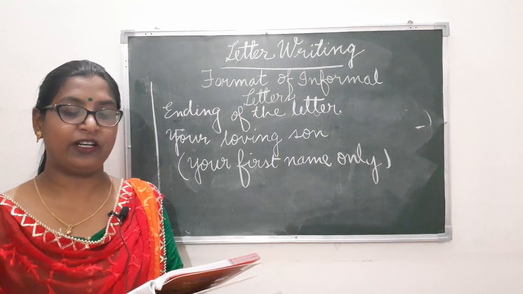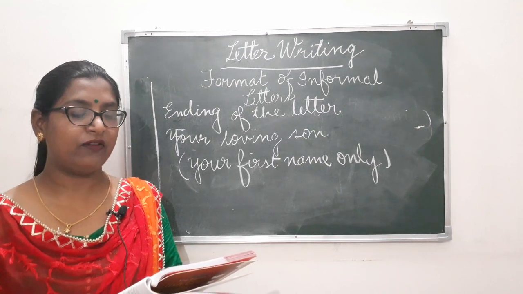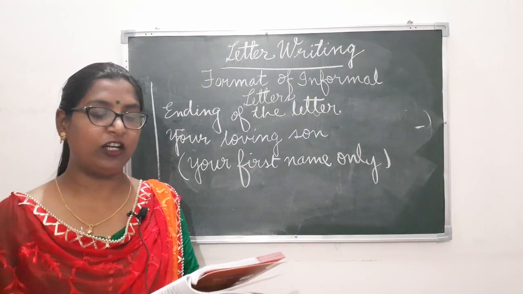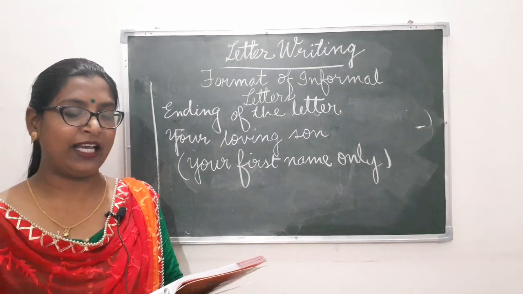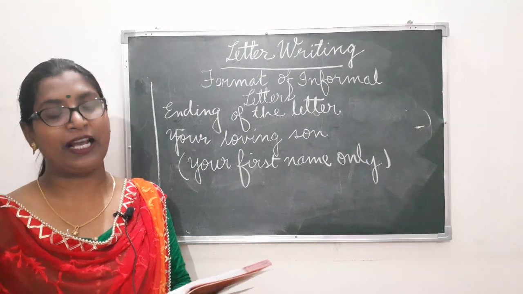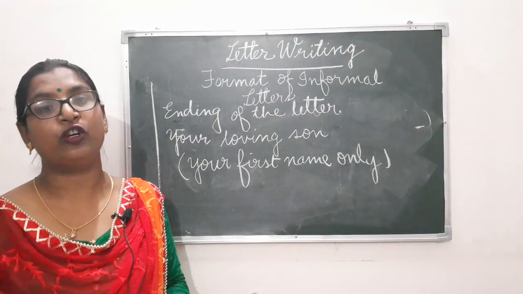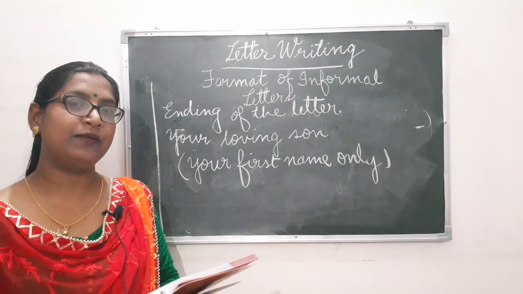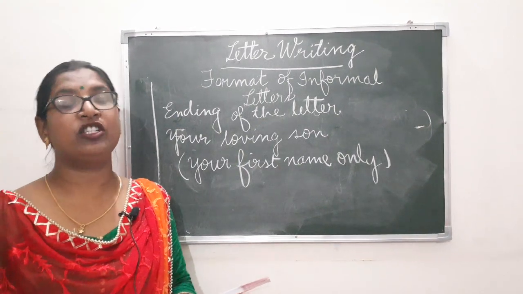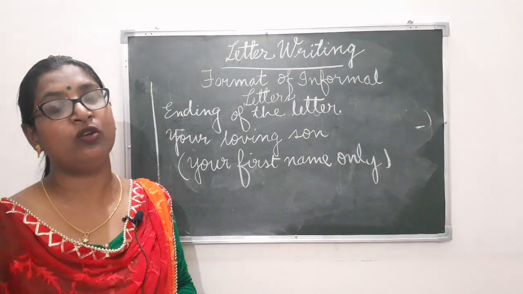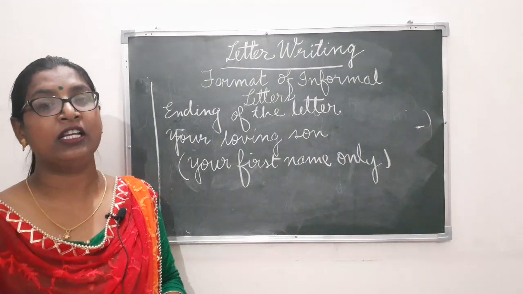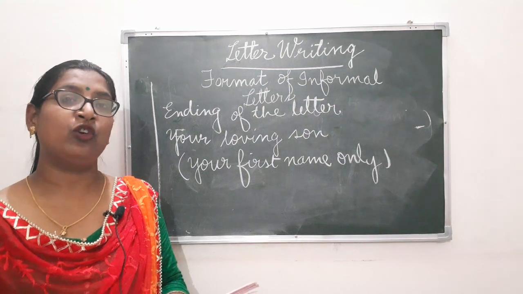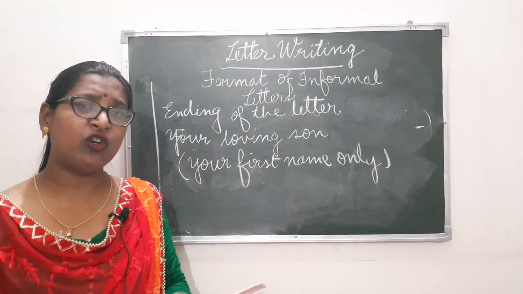This is the last paragraph of the letter. You may give some information about yourself and your family. You may end by writing reply soon or waiting for your reply. Then comes the ending of the letter, which is also known as the complimentary close, and we use words like your best friend, your friend, yours loving, your loving son, your niece.